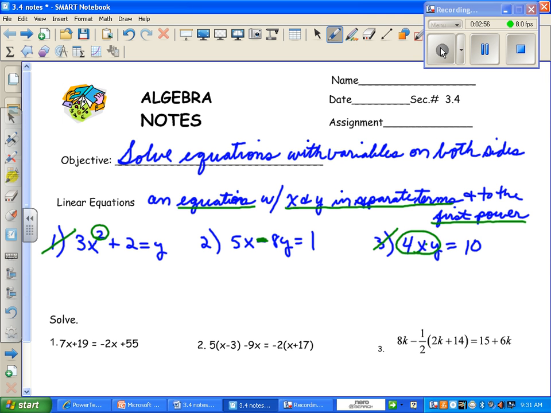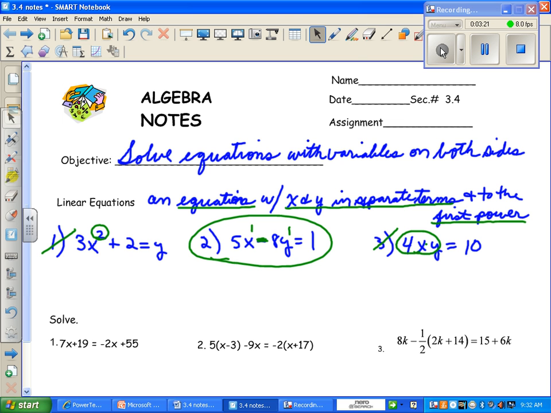They're separated by this minus sign. And x and y are to the first power because this is understood to be the first power and this is understood to be the first power. If there's no power given, it's understood to be to the first power. So equation number 2 is linear, which means it'll graph into a line. We'll talk more about the graphing of it in a different chapter. But right now we're going to go on to these linear equations.